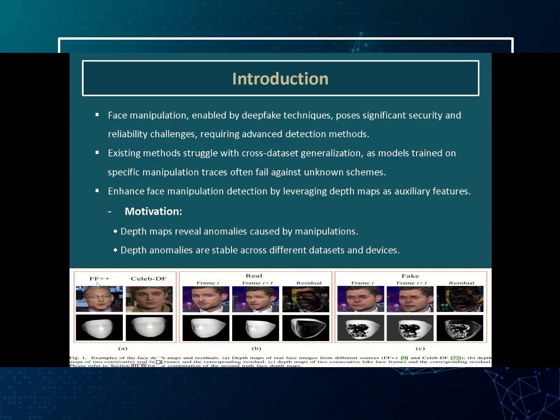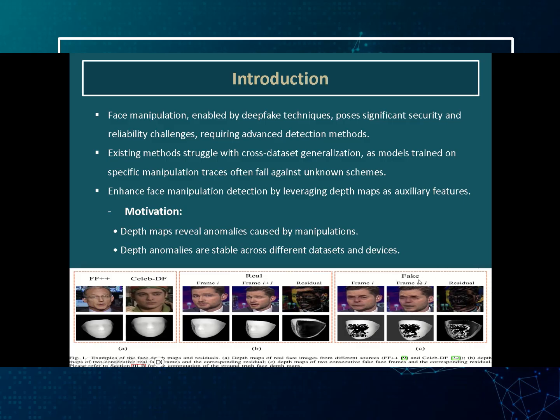We can see from this figure, these are two different datasets, FaceForensics++ and Celeb-DF. If the images are clear and original, the depth map of the face is very regular and clear. Even for the residual features, the depth map is very regular and uniform.